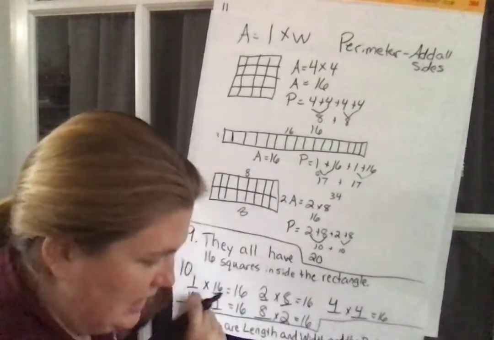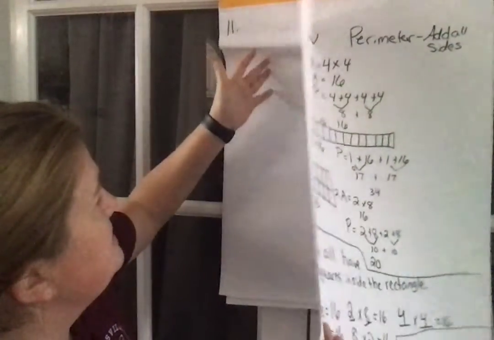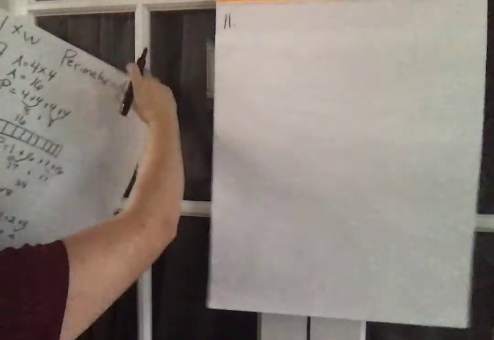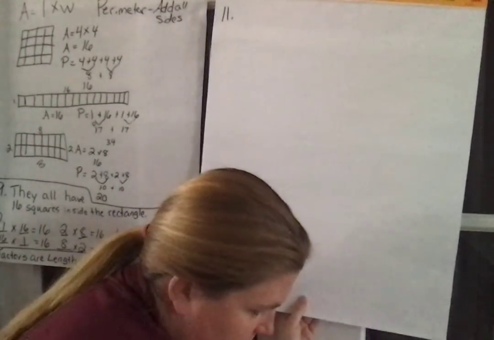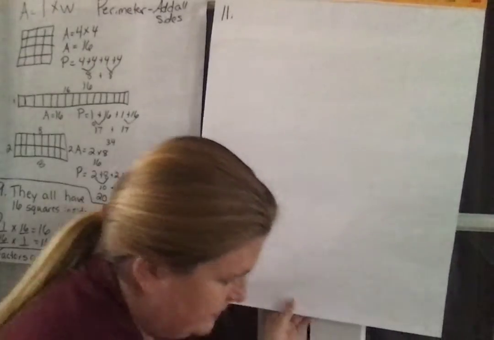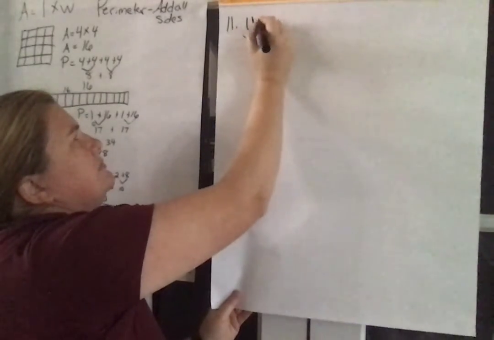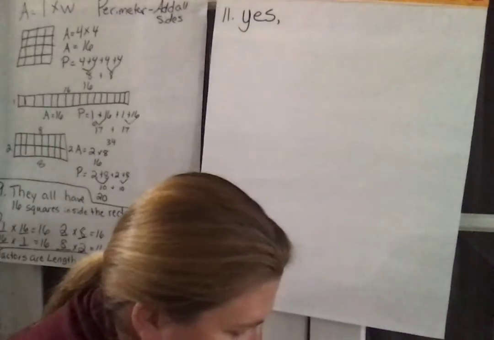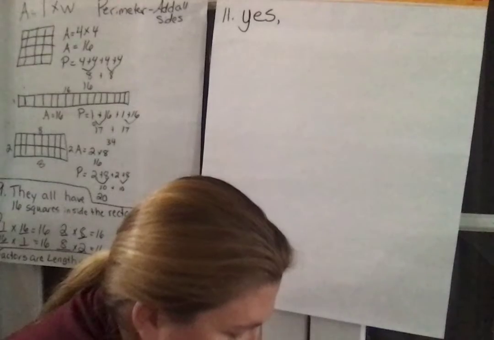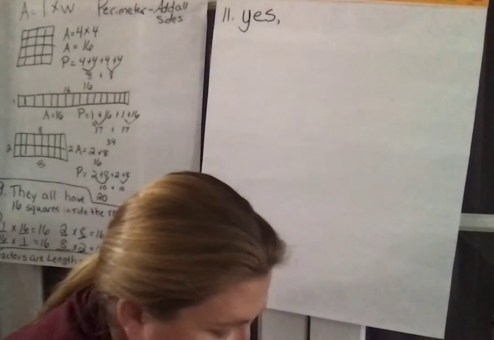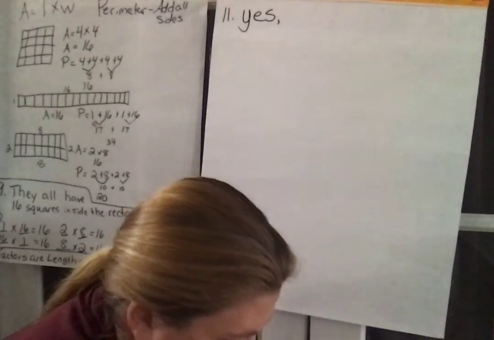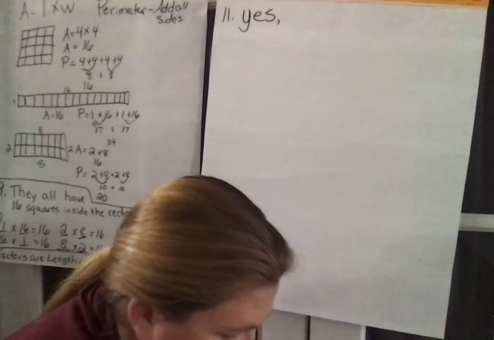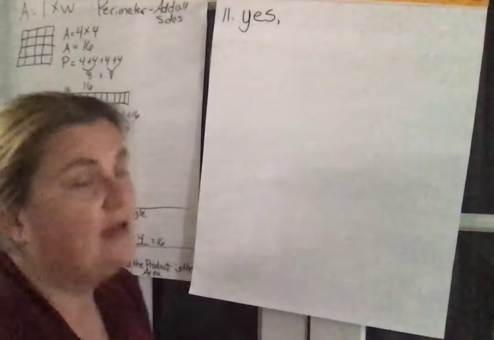So the question again, can 2 rectangles have the same area but have different perimeters? Can they? Absolutely they can. Yes, you can have the same area but have different perimeters. Rectangles can have different side lengths to multiply but make the same area. But they would add up to get the perimeter.